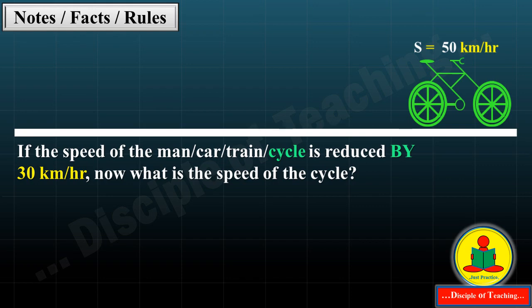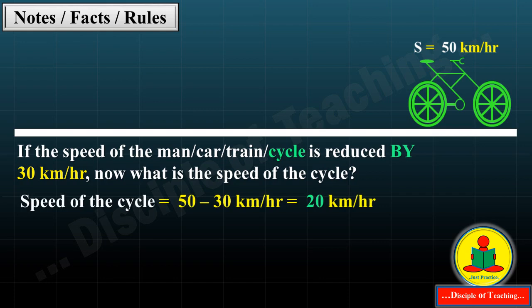Here the word "by" is very important because whenever the speed of any object is reduced by some value, we have to subtract the given reduced speed from the original speed of the object. Now, speed of the cycle is equal to 50 minus 30 gives 20 km per hour.